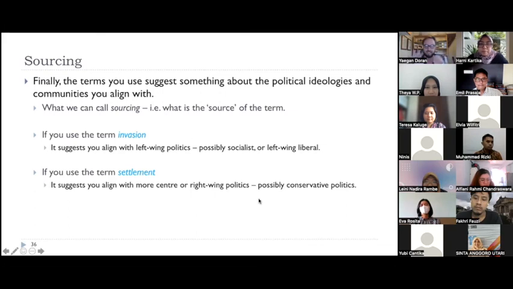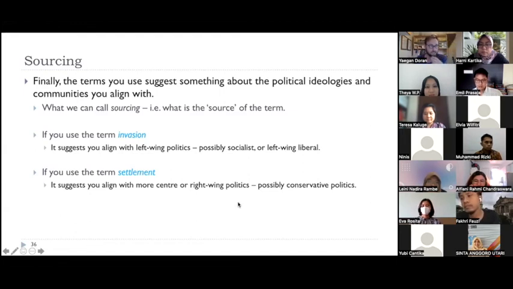Depending on the academic field you're in, depending on your political stance, depending on what you think about art, for example.